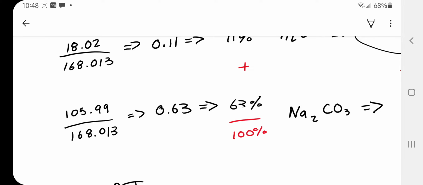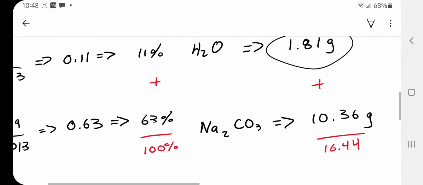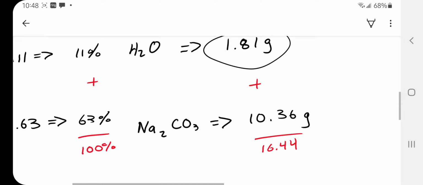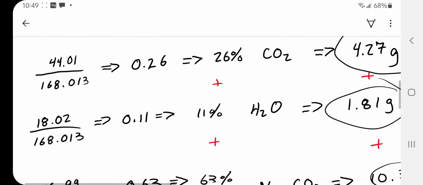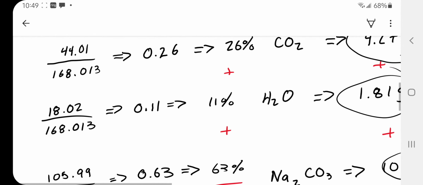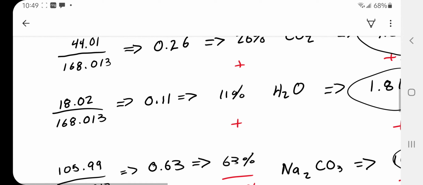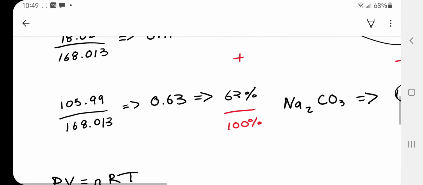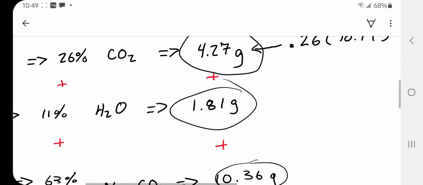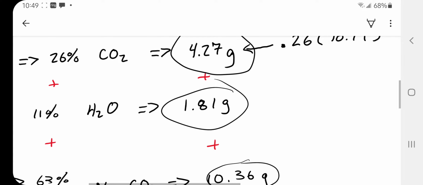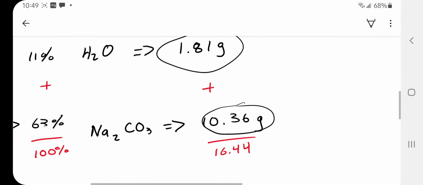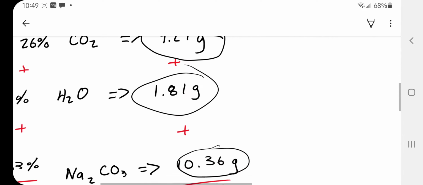And we do the same, multiplying 0.63 by 16.44 and get 10.36 grams. It's important to keep in mind that your percentages, in our case 26, 11, and 63, should add up to 100%. And your grams, which in our case were 4.27, 1.81, and 10.36, should add up to 16.44.